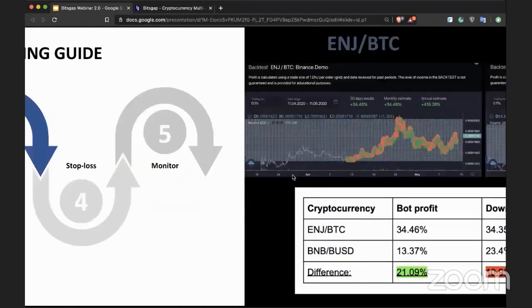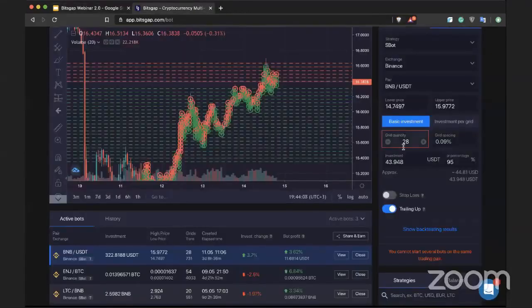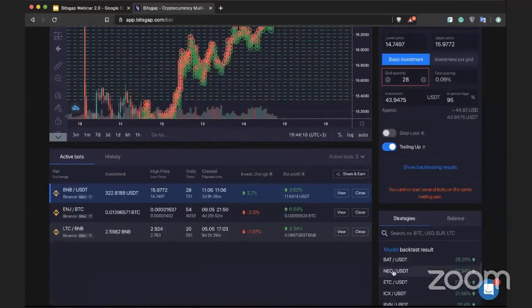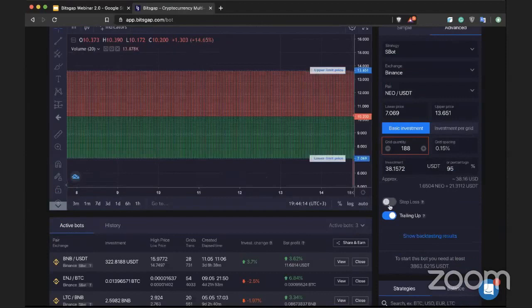The fourth step for you is to apply risk management techniques. We have the stop loss to offer. Let's use the example with NOW trading to USDT. I'm going to use the stop loss here.